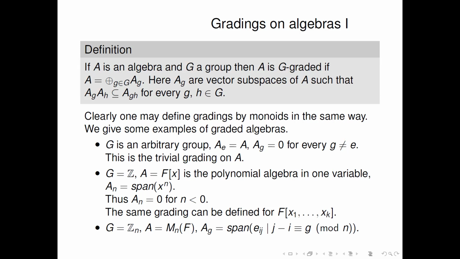I consider Z_n as an additive group. That is, the main diagonal is the 0 component. Then you take the diagonal above the main diagonal as the 1 component. You go on with the diagonals above the main diagonal up to the end of the matrix, then switch to the last row, the first position. And so on, you repeat this to get the remaining components.